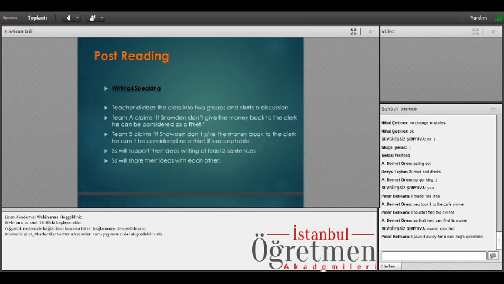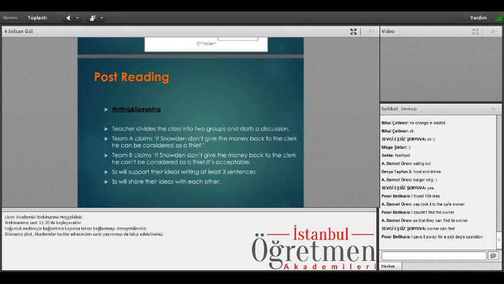But when you're done with the reading, you can do a writing or speaking activity. For example, the teacher starts a discussion in the classroom. The teacher divides the classroom into two, and one of the groups claims something and the other group claims another thing. And the aim is that students should support their ideas.